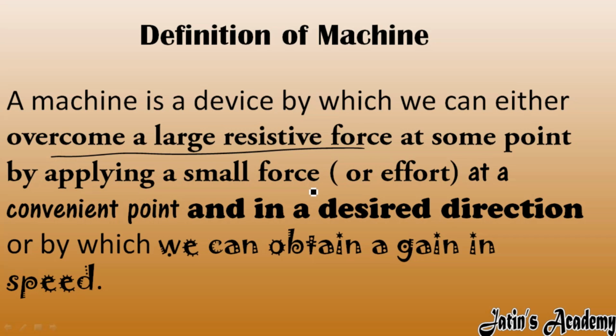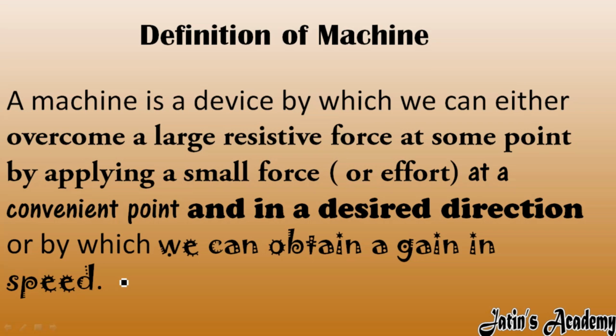Convenient point means we are talking about changing to a convenient point, at a convenient point in a desired direction. So by applying a force at a convenient point, and using this machine in the desired direction, meaning a change in direction, we can also obtain a gain in speed. So with the help of a machine we can also gain in speed.